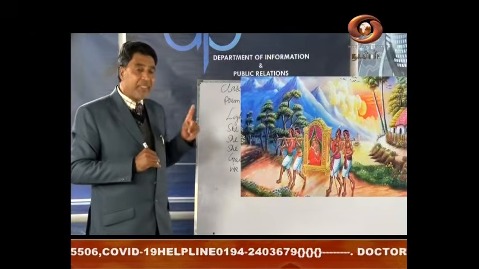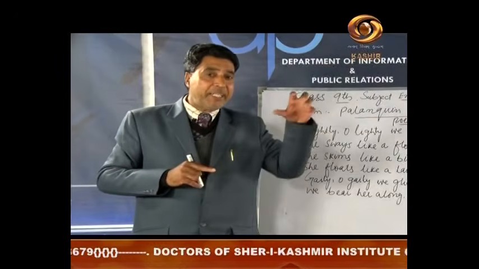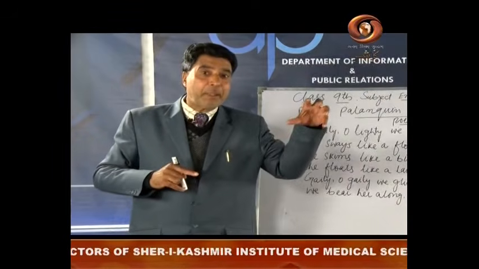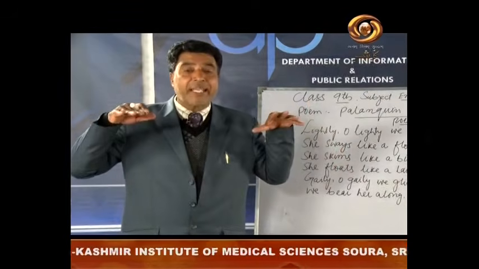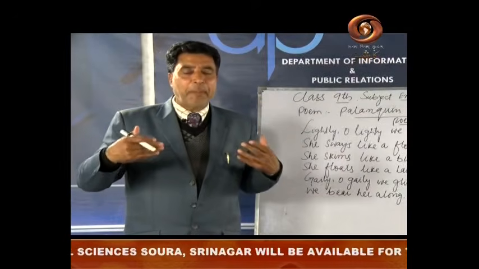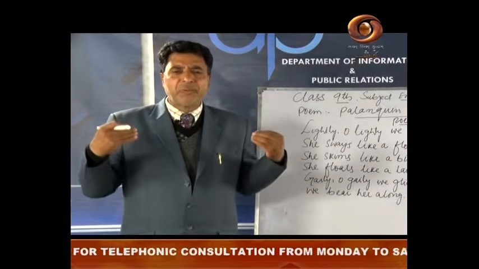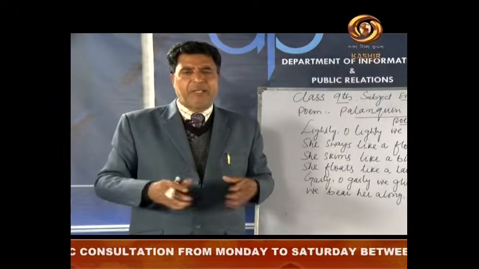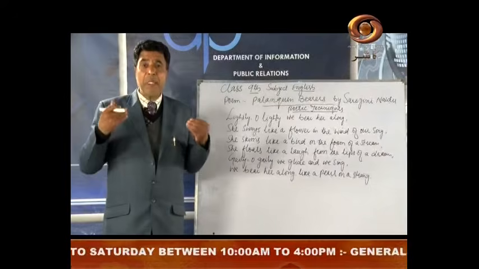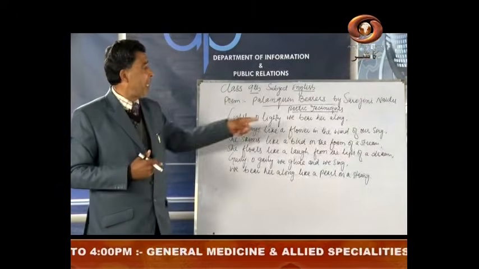And what do those bearers say about the bride? The bride is there listening in the palanquin while they are carrying her on their shoulders. They are singing about this bride who is most beautiful and who is very light. They were easily carrying her without any hesitation, and they feel happy to carry her. And what do they say? Lightly, oh lightly we.